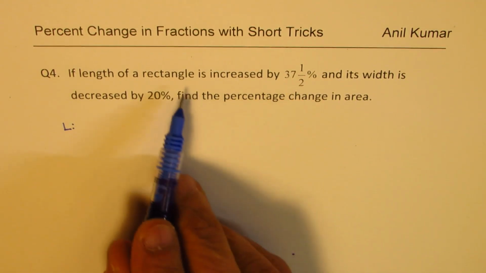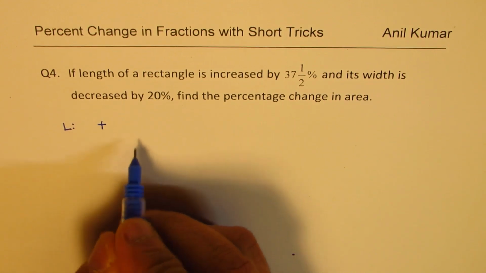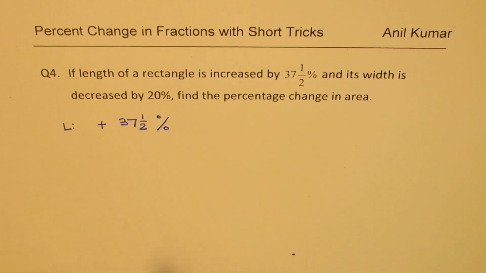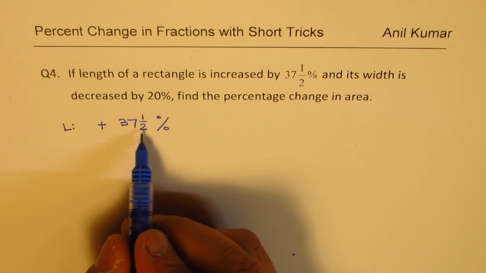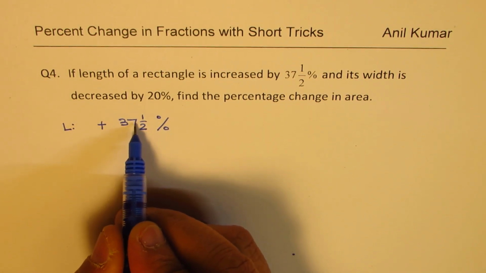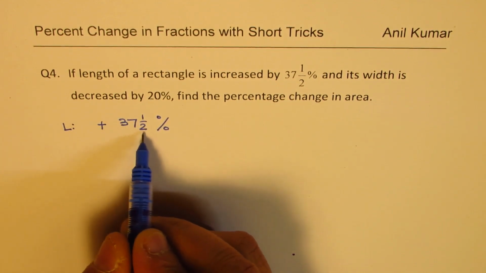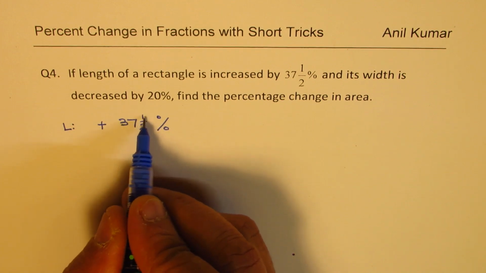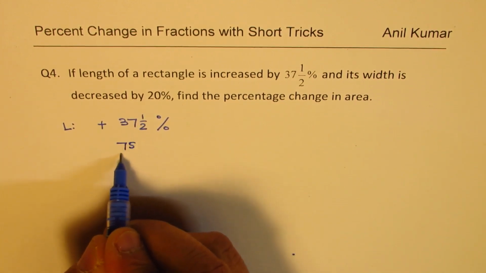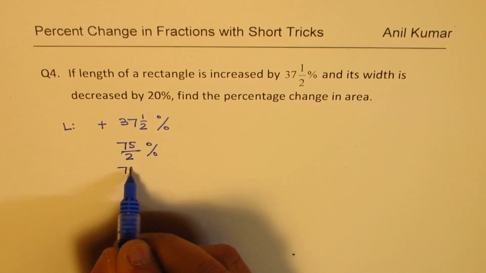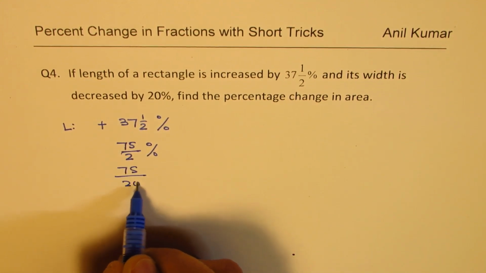So length is increased by 37.5%. So how can you convert 37.5% into a fraction? That is the first challenge. 37.5% is the same as 75 over 2%, which you could write as 75 over 200.